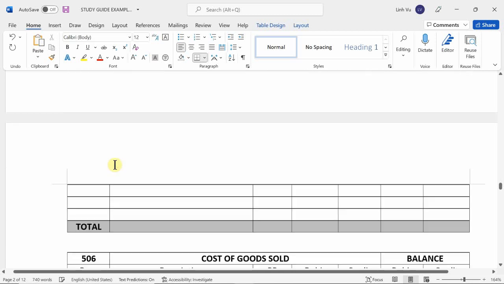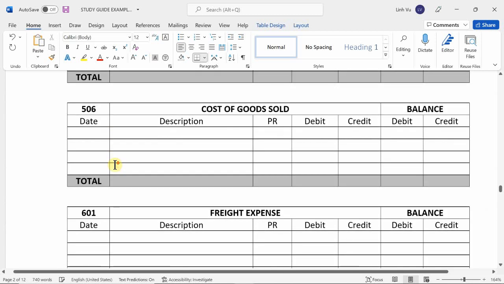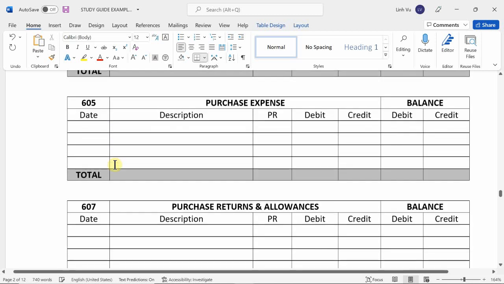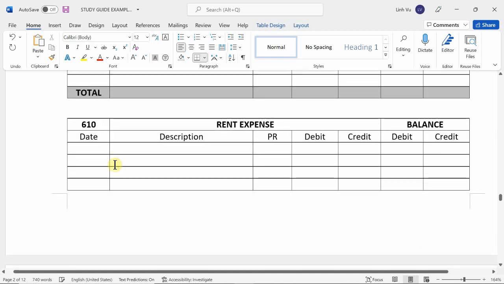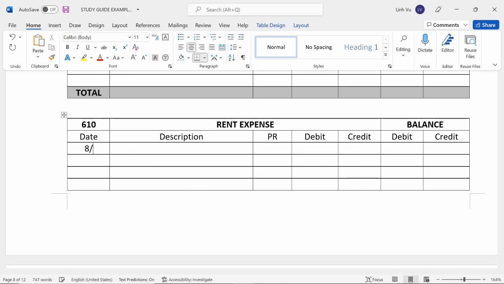You got sales, cost of goods sold, freight expense, purchase returns, rent expense right here. Okay? Okay, rent for August for $1,500.